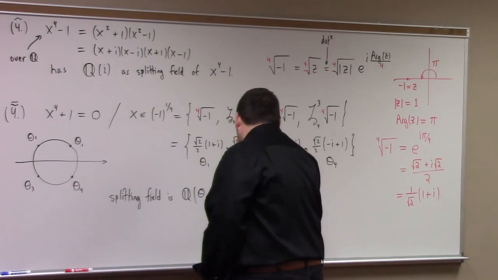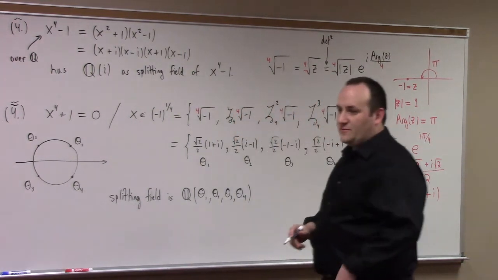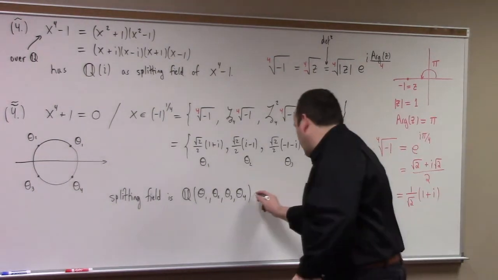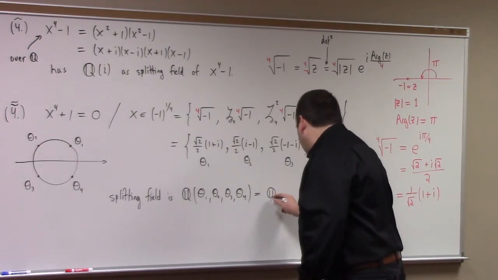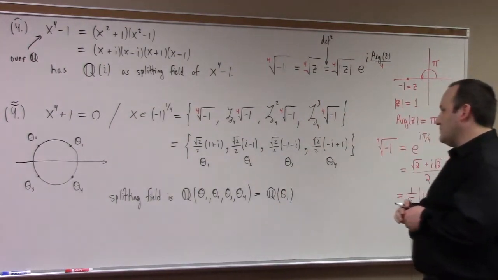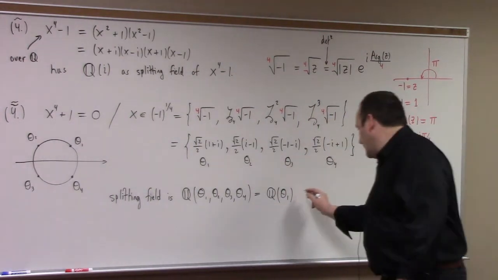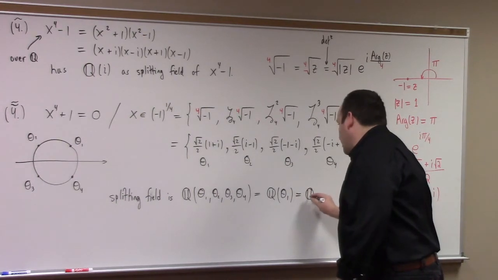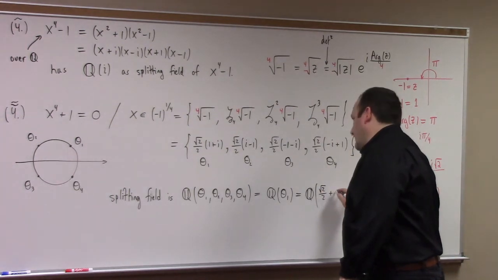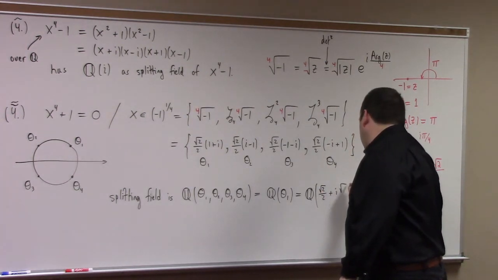It's the field where you have all of the roots of the polynomial. Now you say that's equal to Q adjoin theta 1. Do I agree with you? But can we be lazier still? This is Q adjoin square root 2 over 2 plus i times square root 2 over 2.